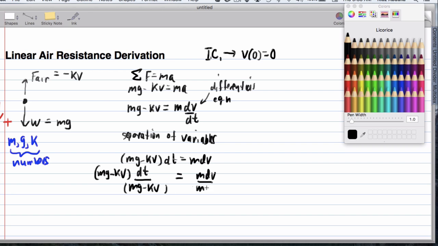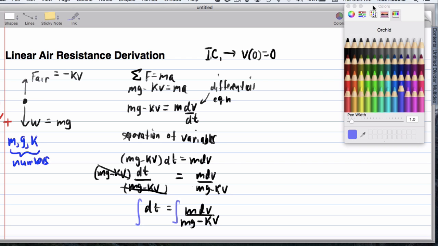I'll divide this side by mg minus kv as well, and we have some cancellation. So what I'm ultimately going to be left with is the equation dt equals m dv over mg minus kv. And we're going to want to integrate both sides.